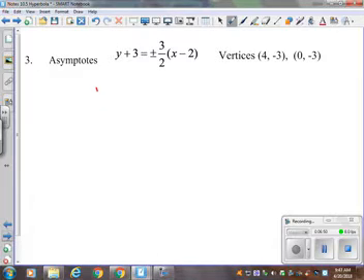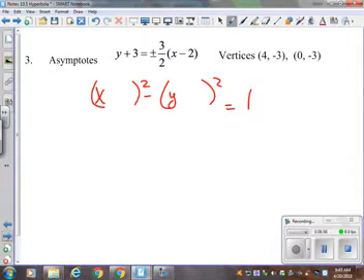X is important because X's are changing. And if I think about the fact that the vertices are (4, -3) and (0, -3), what's halfway between there?